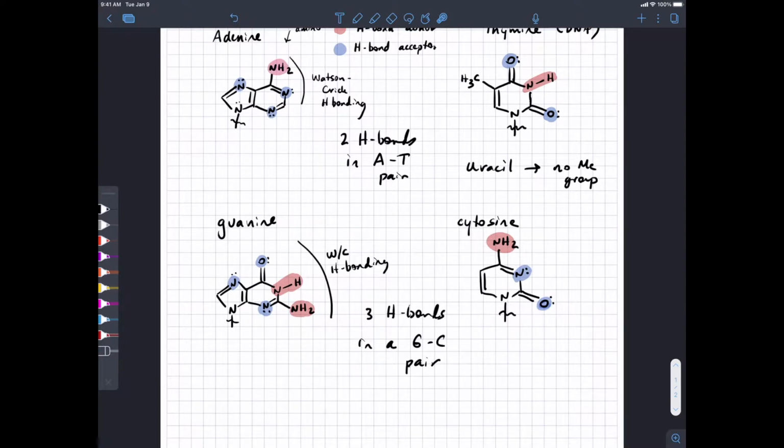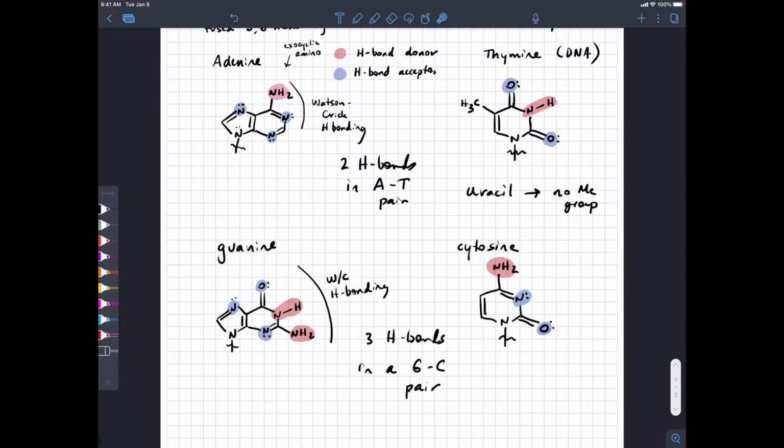And the thing we were just getting to at the end of class last time was how thymine has an acceptor and a donor that are complementary to adenine's donor and acceptor respectively. And then cytosine has an acceptor, a hydrogen bond donor and 2 acceptors that are complementary to guanine's acceptor and 2 donors respectively.